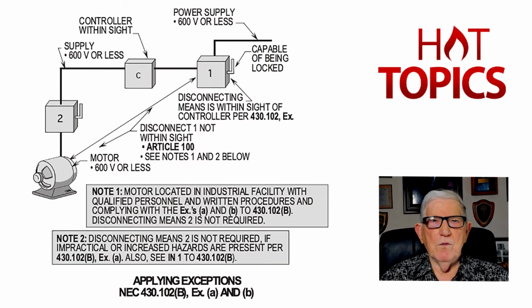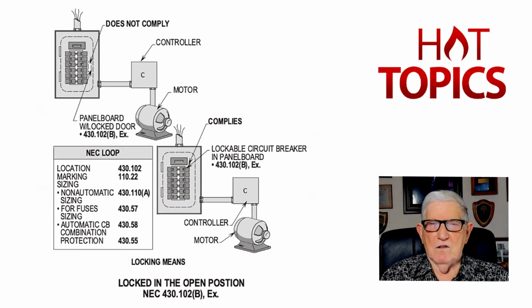And now we're ready to move to our next illustration, which would be 430.102(B), as in boy, exception. Now, I want you to watch this myth. I've seen it get a lot of electricians and contractors in trouble.